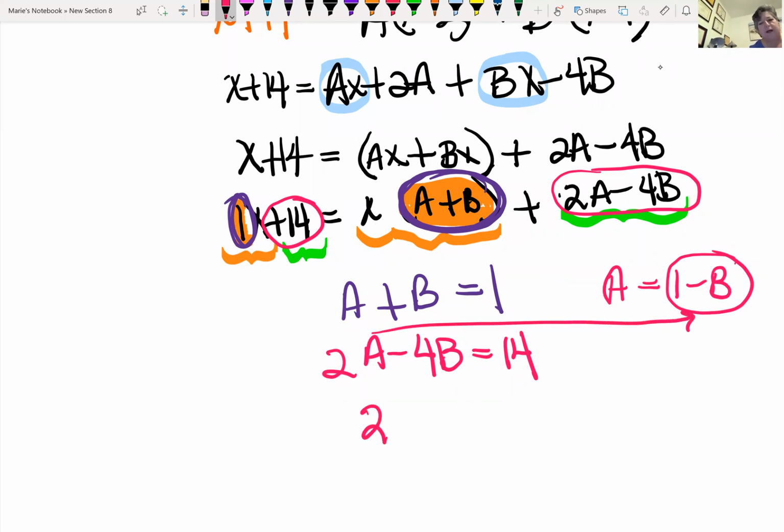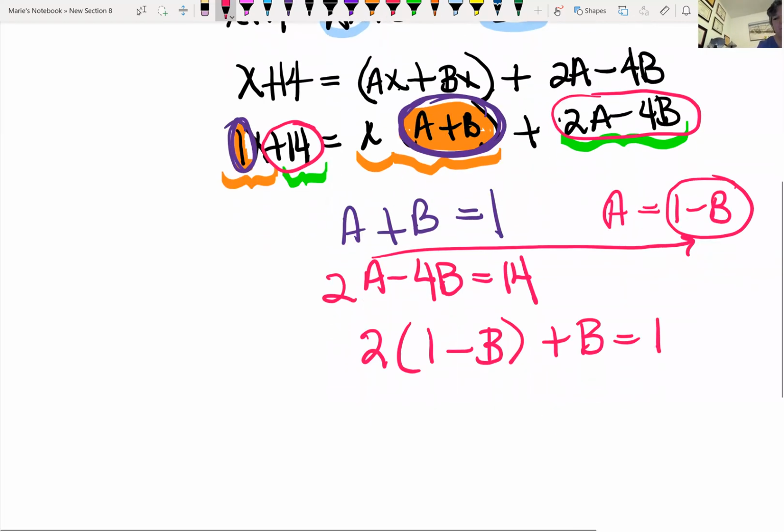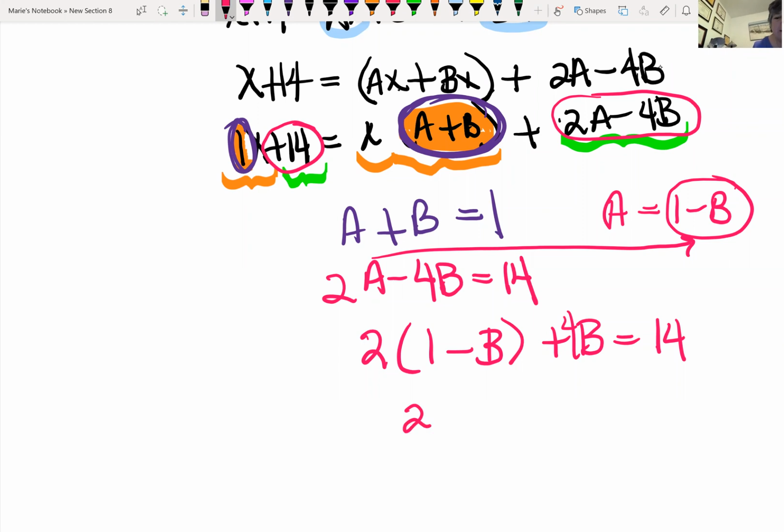So I'll have 2 times 1 minus b, I'm sorry, plus 4b is equal to 14. I end up with 2 minus 2b. Would it be minus 4b?